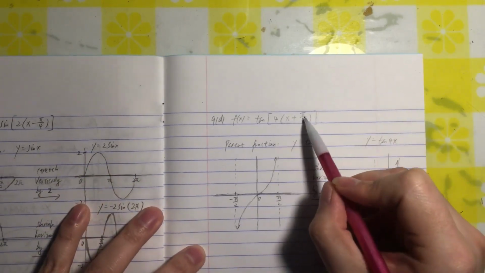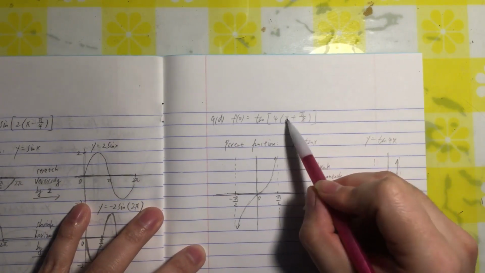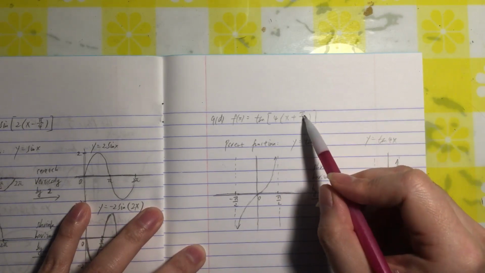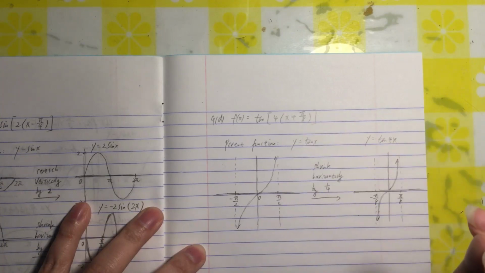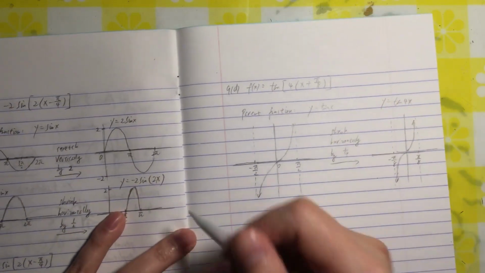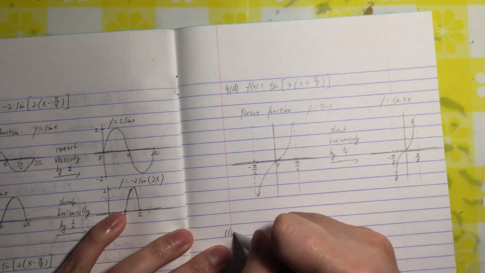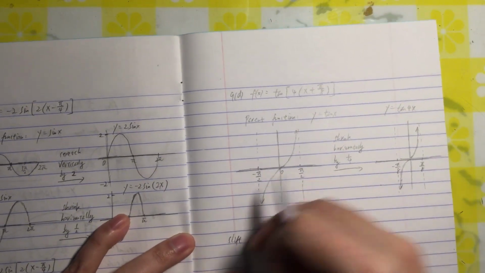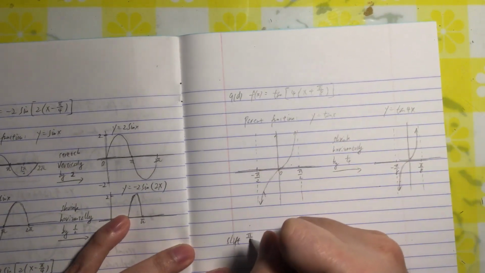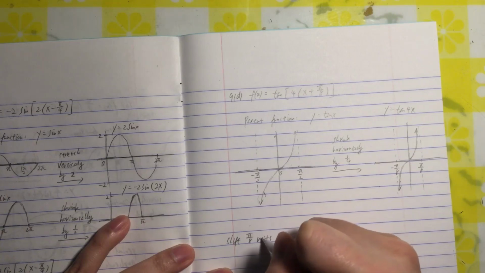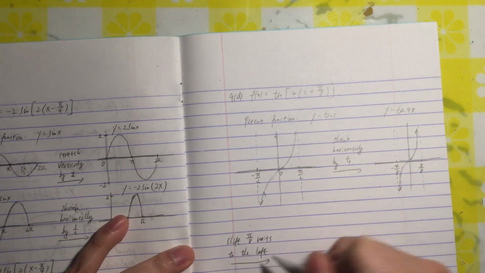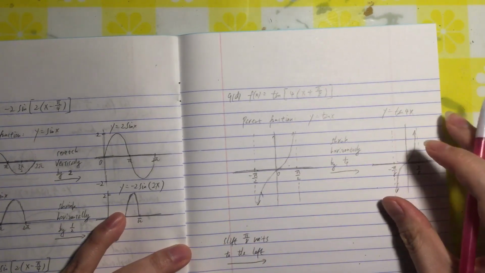Next, when I add pi over 4 to x, I shift the graph pi over 4 units to the left. Shift this graph pi over 4 units to the left.